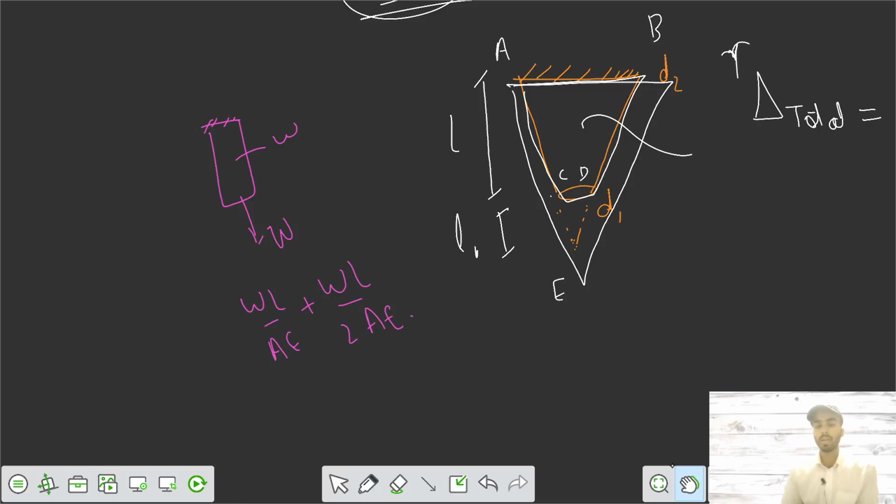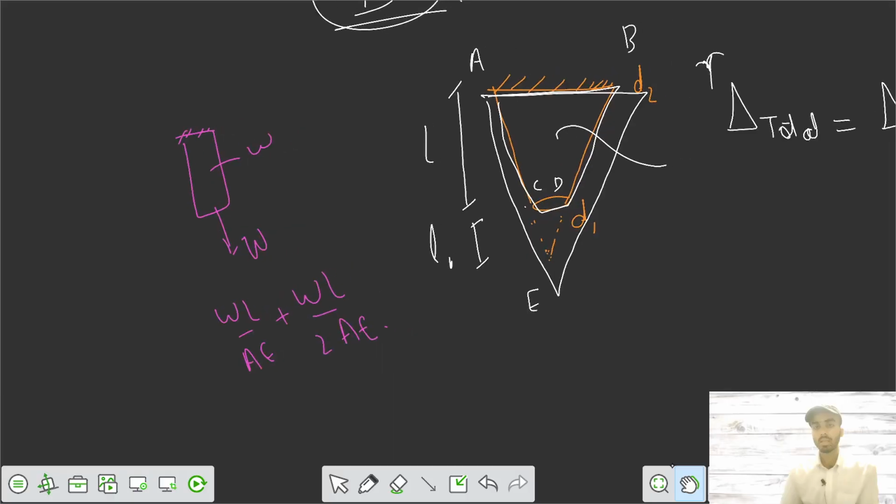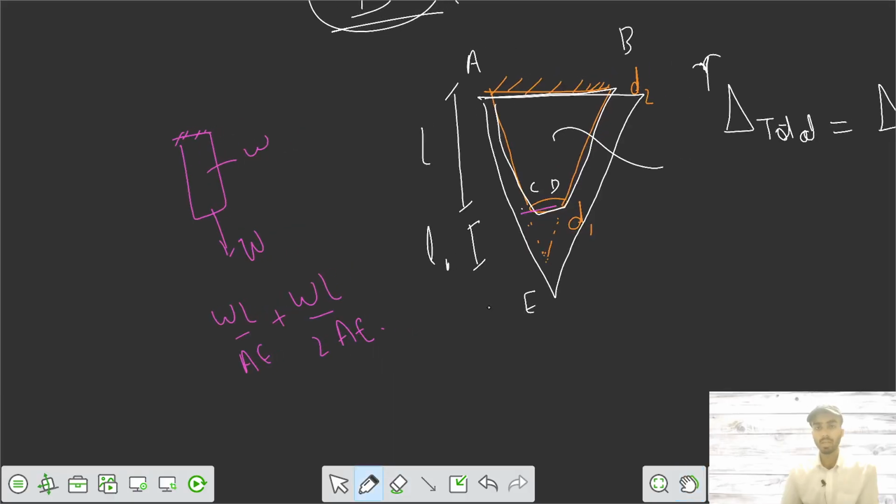Similarly, we have to impose the effect of the part that is not there, as an external load. Its weight is W, acting as an external load on the overall actual length L. That is the delta more. Understanding the point?